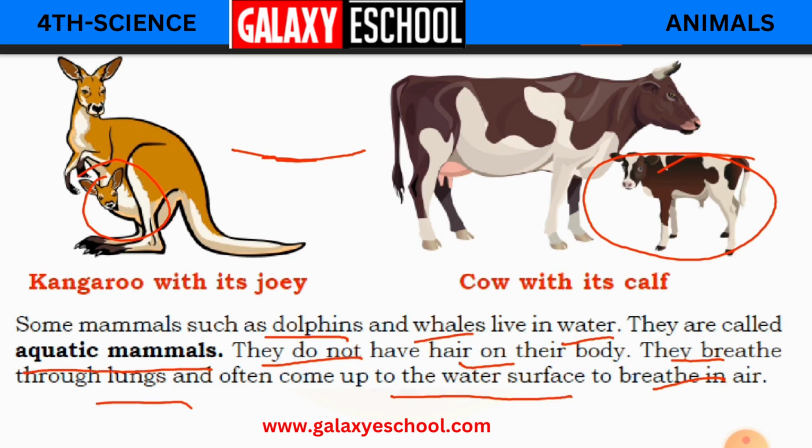When they are in water, they cannot breathe the air. That is the reason why they come up to the water surface, so that they can breathe in air. Okay, children, clear?